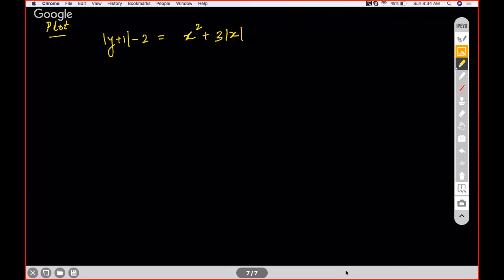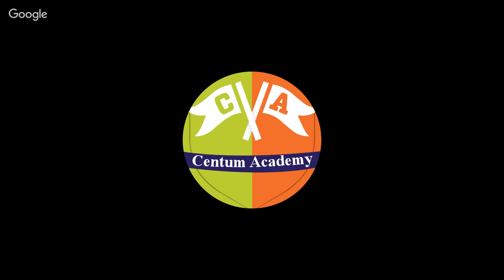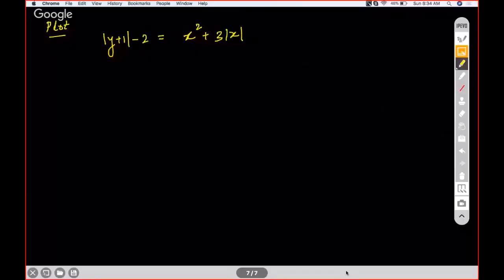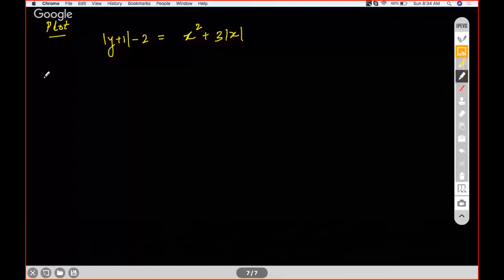Can I just bring plus 2 to the other side and make it like a proper quadratic equation with x squared and plot that?